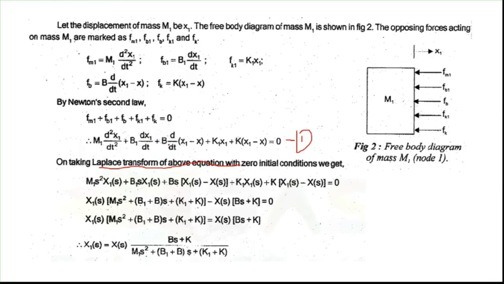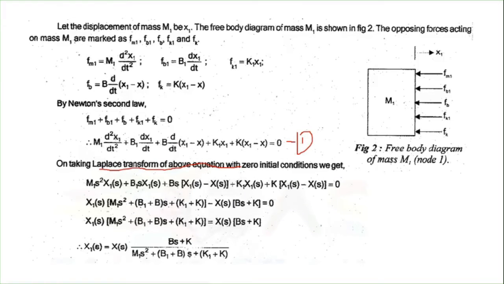Now, what will be the Laplace transform of this term? b into s. We are taking the Laplace transform of this first differential equation. So m1 into d square x1 by dt square becomes m1 into s square into x1 of s. b1 into dx1 by dt becomes b1 into s into x1 of s.